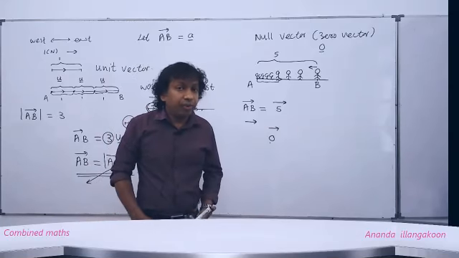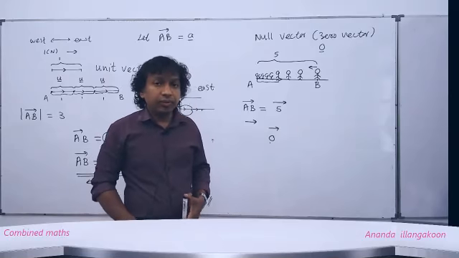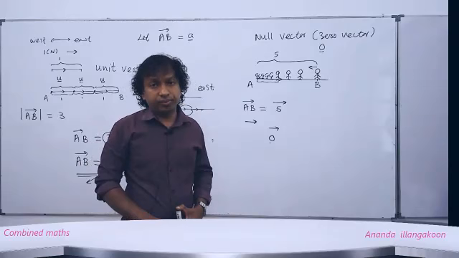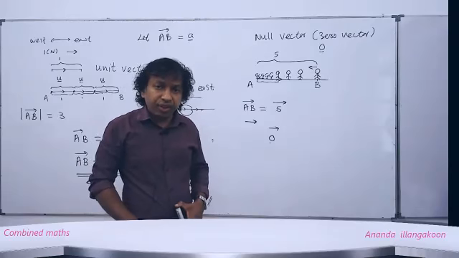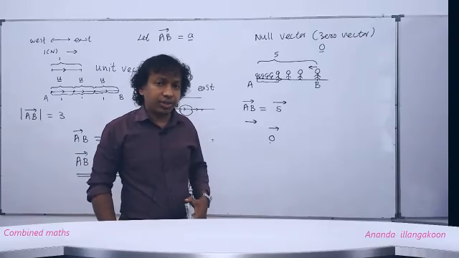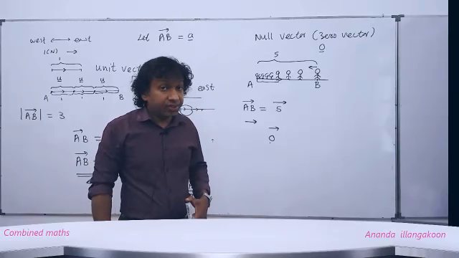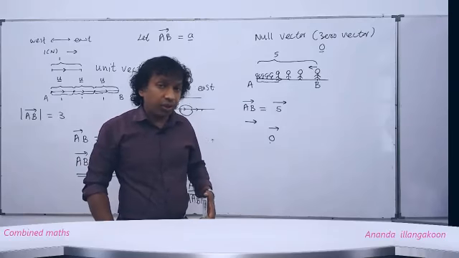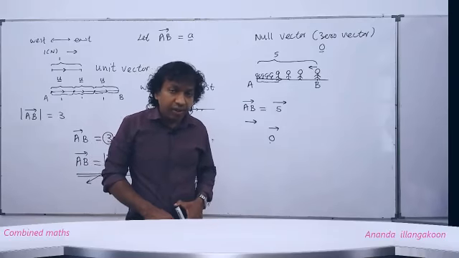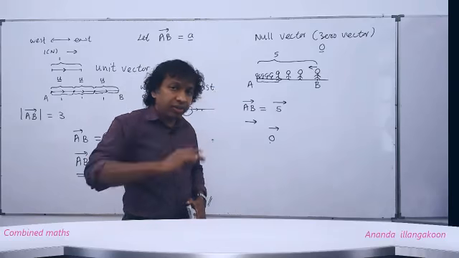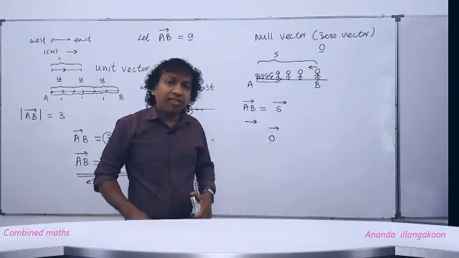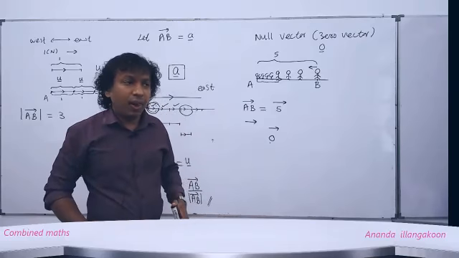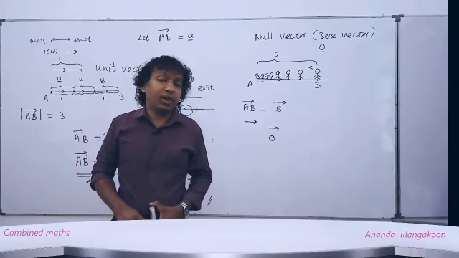People, remember, mathematically, the direction of the null vector, we define it can get any direction. It doesn't mean its direction is not definite. No, it has a definite direction. That definite direction can be any direction. People, can somebody tell me, a very simple question: how many directions are available around us?